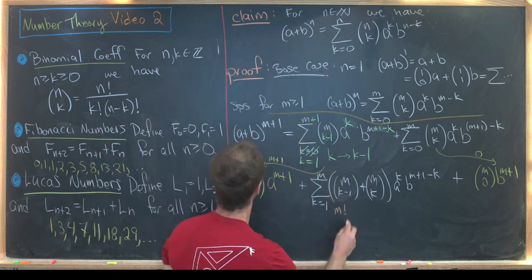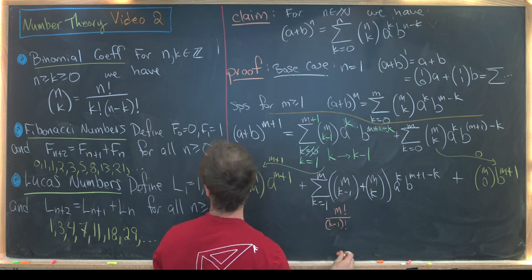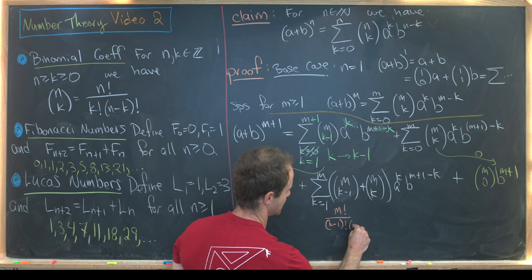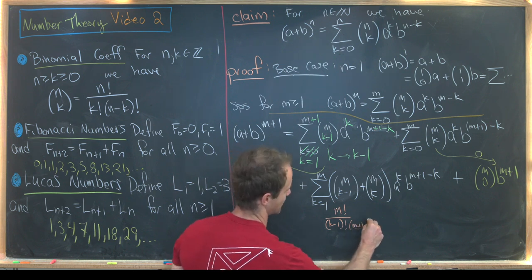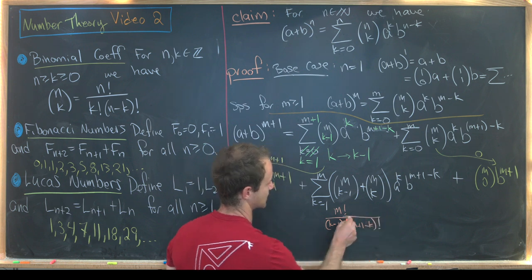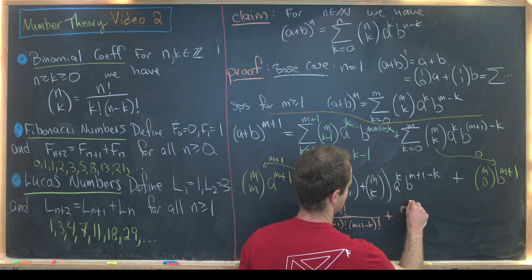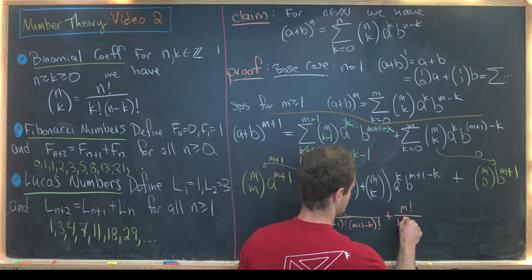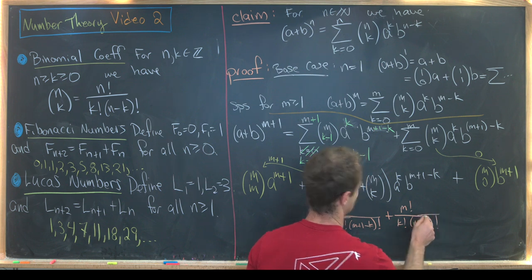This is going to be m factorial over k minus 1 factorial times m minus k minus 1, so that's m plus 1 minus k factorial, like that. Then we're going to add that to m factorial over k factorial times m minus k factorial.